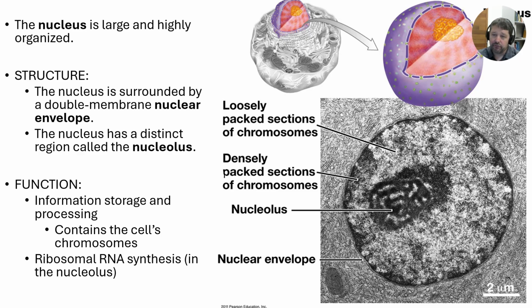It has a nuclear envelope, it has a nucleolus, this region where ribosomes are regenerated, and because this is where DNA is housed, it will have chromosomes, which is how DNA is packaged. DNA is packaged in chromosomes, which are just long strands of DNA wrapped around proteins and form these more condensed structures.